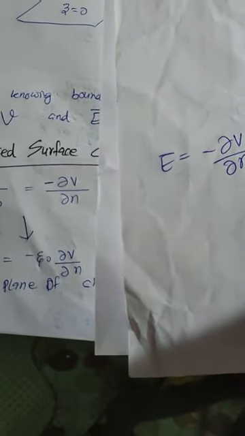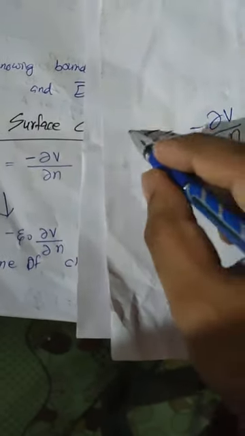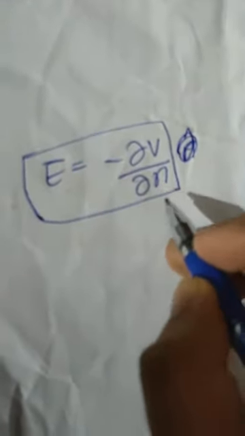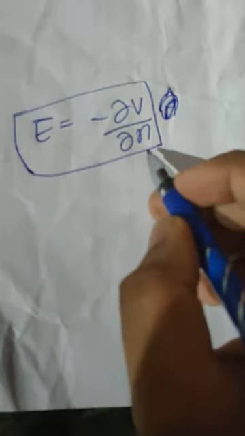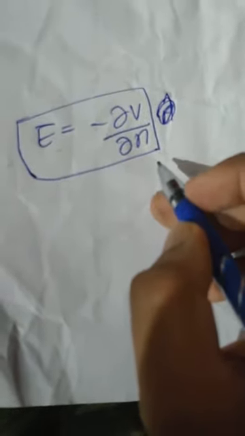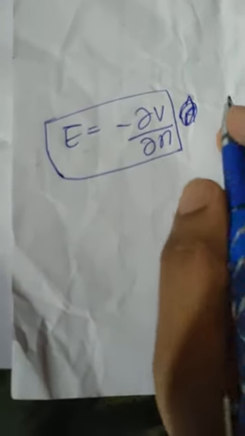So in this case we would like to focus on the magnitude, we neglect the direction. So this is the expression for finding the electric field due to the potential. The electric field is the negative gradient of potential.